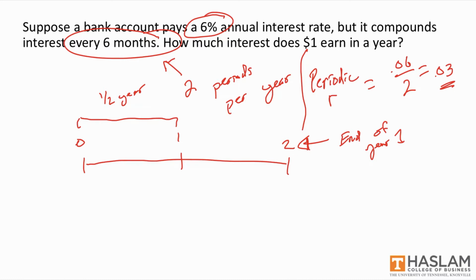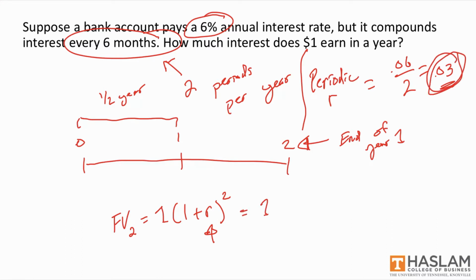And so this is implicitly a future value problem, so I'm just going to say the future value at time 2 is equal to the $1 times 1 plus an appropriate interest rate raised to the second power. Now the R here, once again, needs to be a periodic interest rate, and so I'm going to use the 3%.